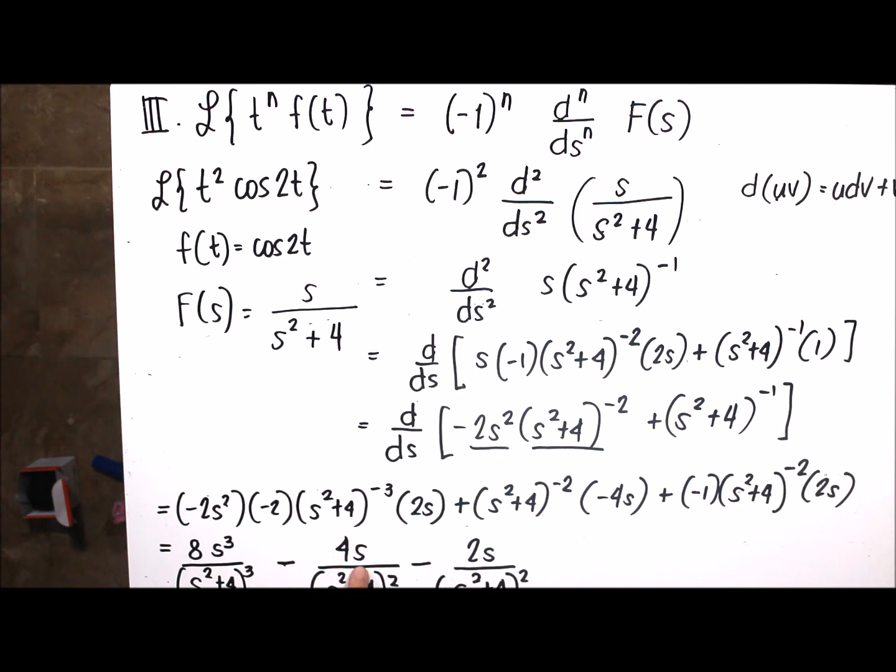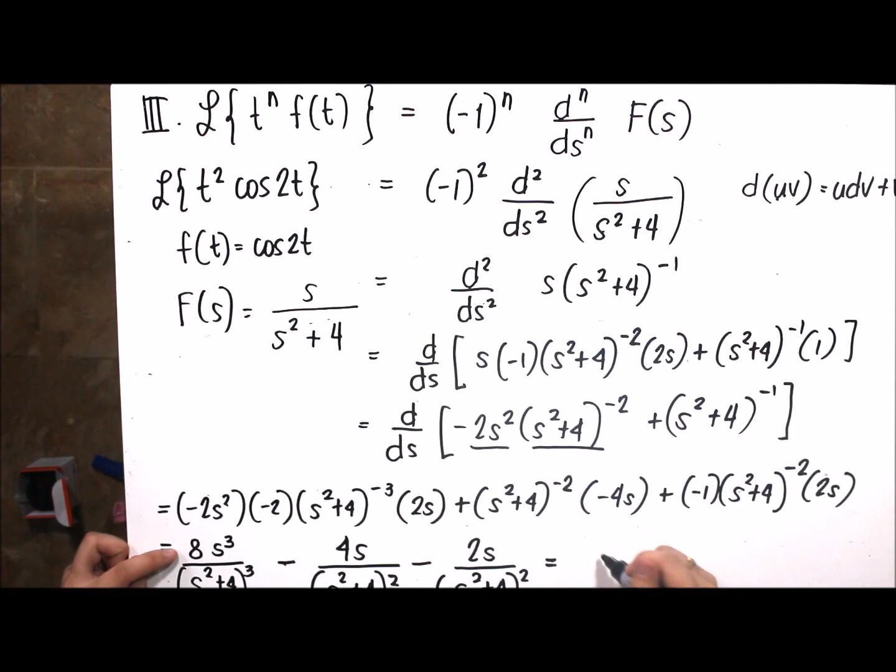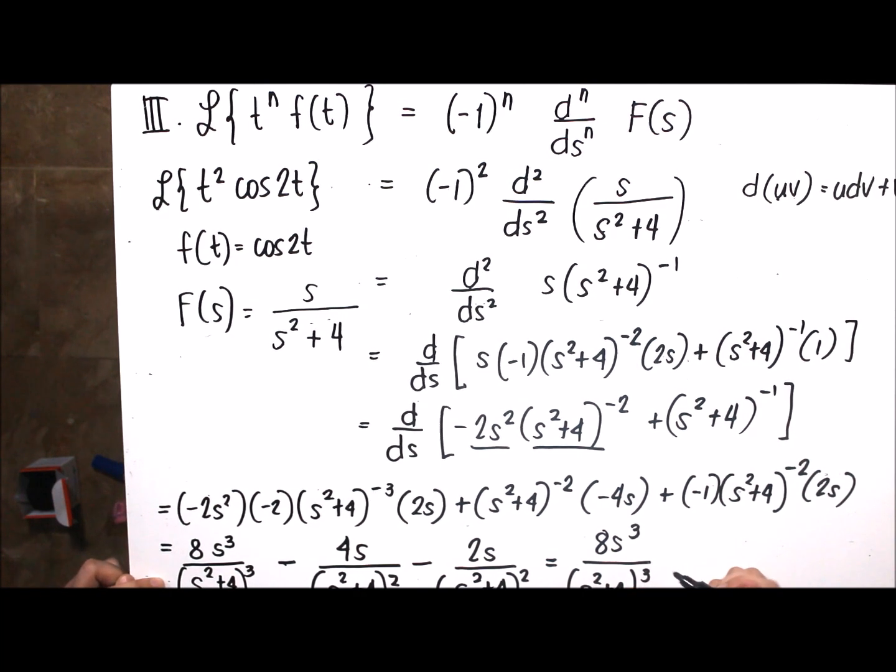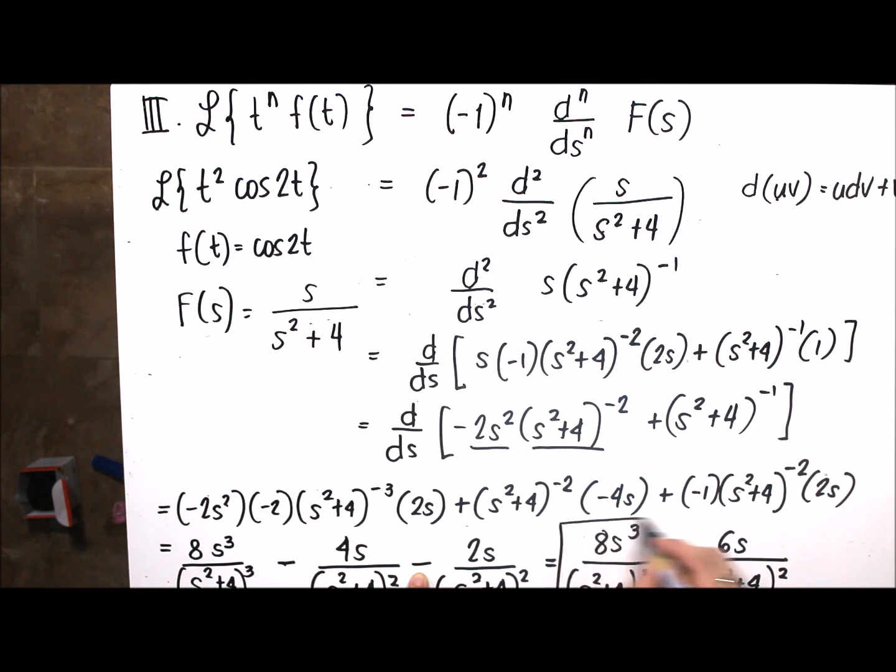So, we have negative 4s minus 2s, we have negative 6s. Simplifying, we have 8s cubed over s squared plus 4 cubed minus 6s over s squared plus 4 squared. And this will be the Laplace transform of t squared cosine 2t.